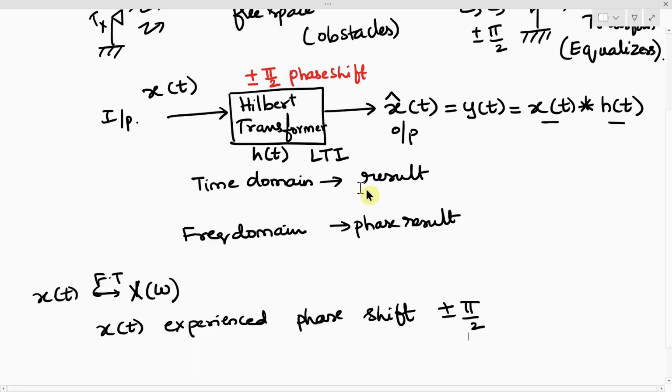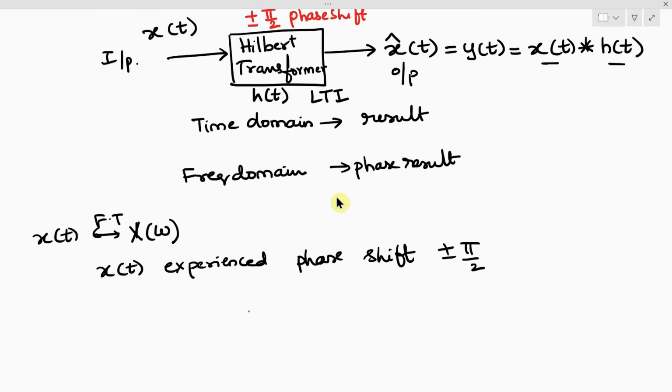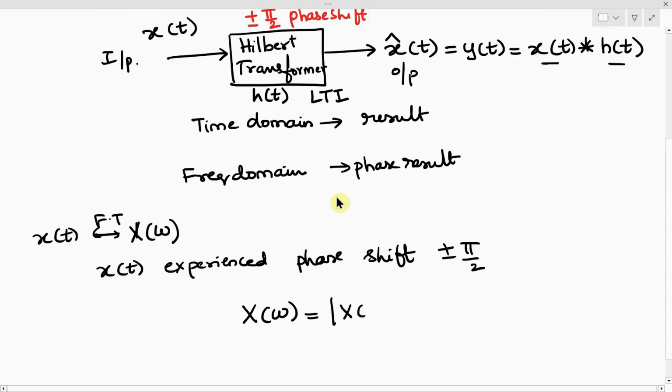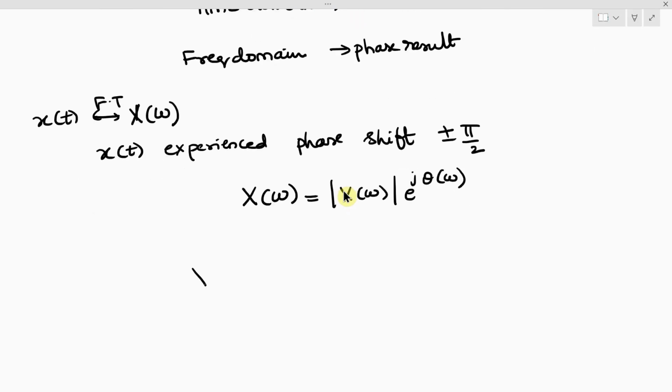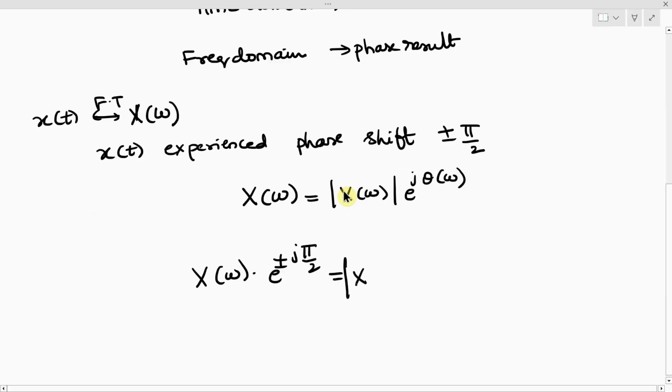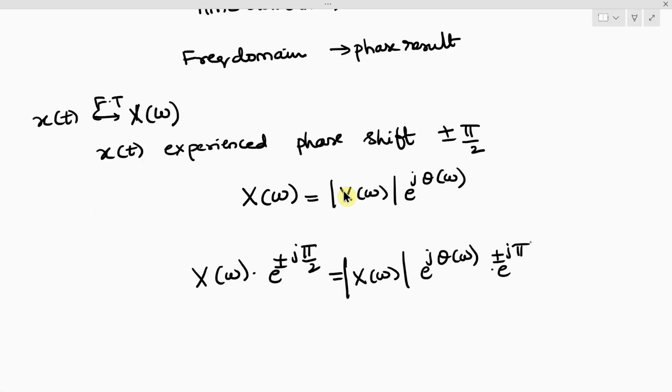How can I show it? I can show it only in the frequency domain. That means X of omega can be represented in its polar form like this, and when I multiply this with e power of plus or minus j pi by 2, we get mod X of omega, e power of j theta of omega, into e power of plus or minus j pi by 2.